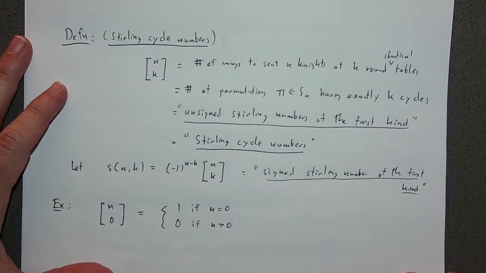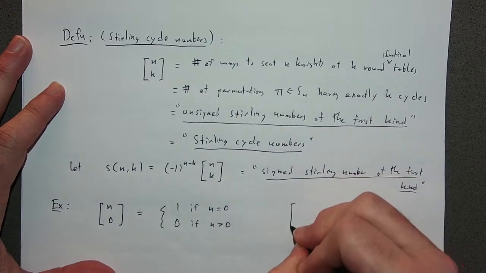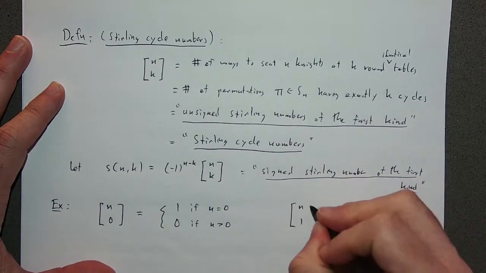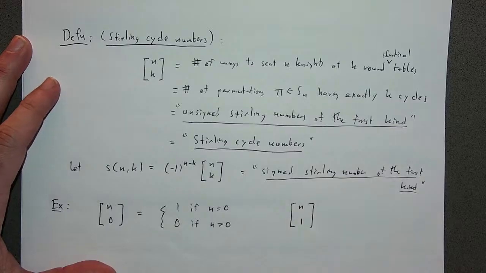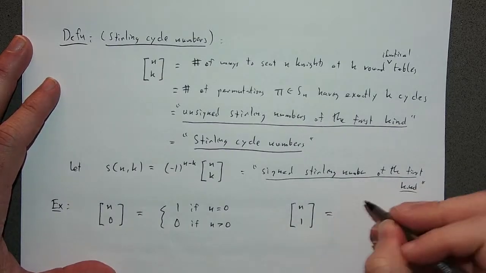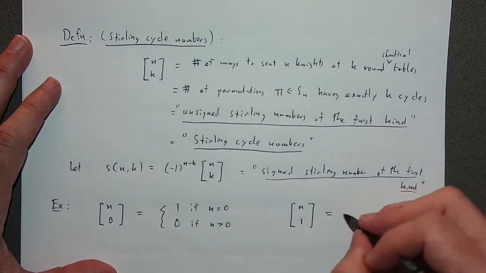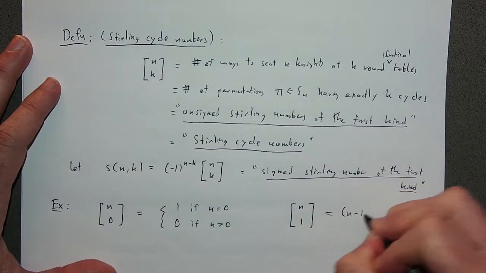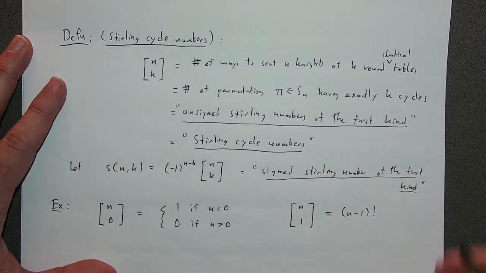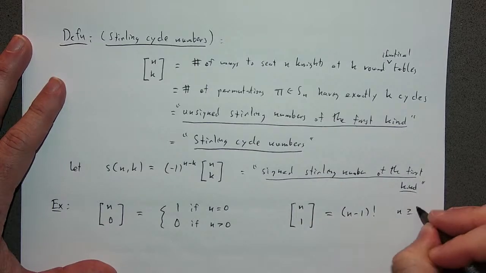What if there's 1 table? Well, we have already actually computed this. The number of ways to seat n knights at 1 round table was the first example of a counting with symmetry argument that we made. And we found that this was n minus 1 factorial, and that's true for n greater than or equal to 1.